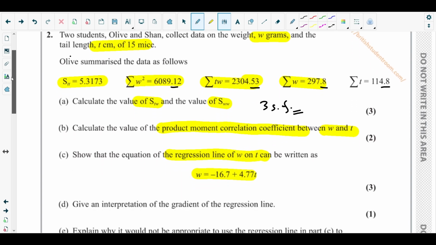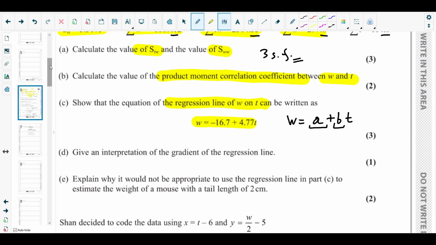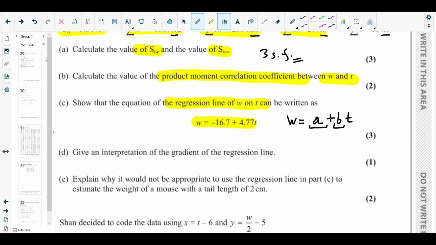The regression line equation is always in this form, W equals A plus BT. It's also given in the formula booklet. That means we need to find the value for A, the intercept, and the value for B. Let me show you from the formula booklet. You can find the equation here.